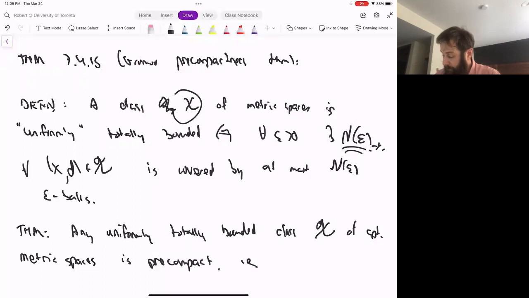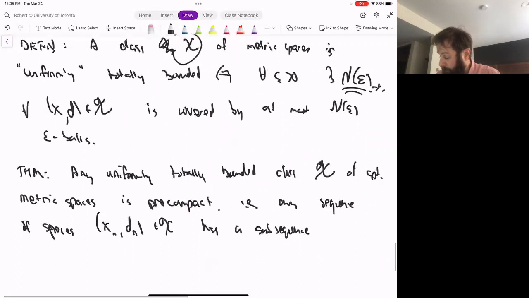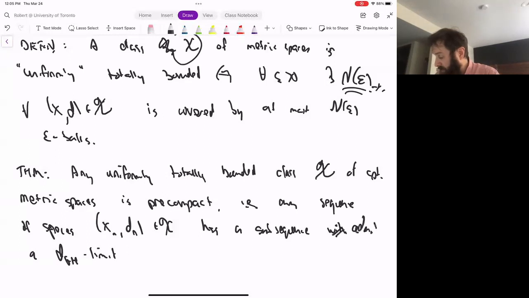Any sequence of spaces Xn, dn in X has a subsequence admitting a DGH limit.